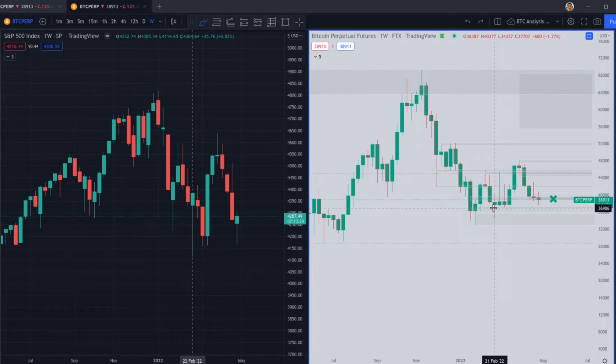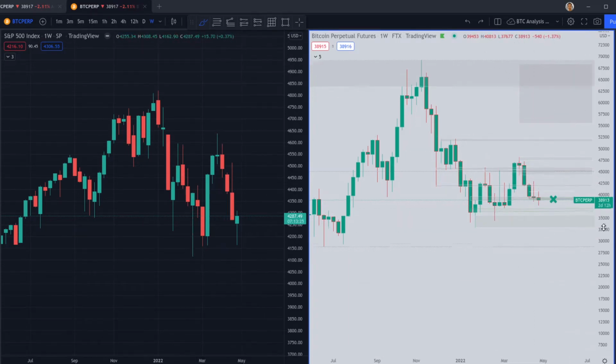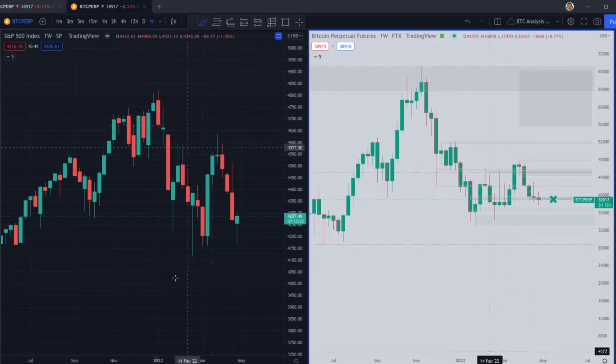So from now I think we should keep our eye very close on how the stock market moves, and with Bitcoin we can see the correlation here. After earnings reports, usually we see some move play out in the price. We have a bounce here.